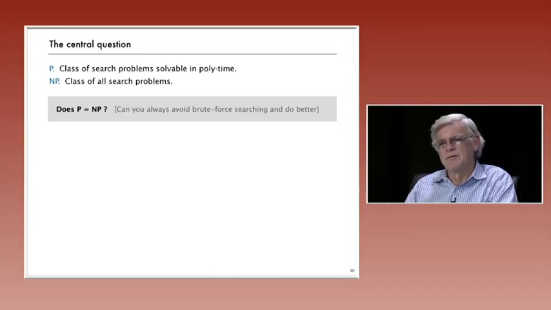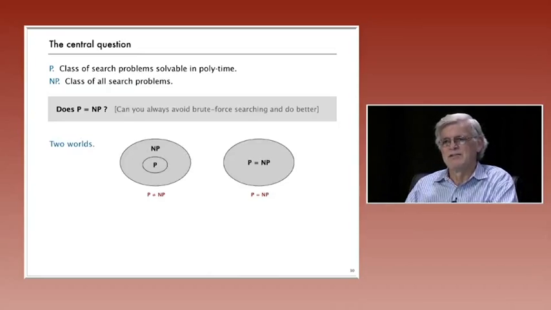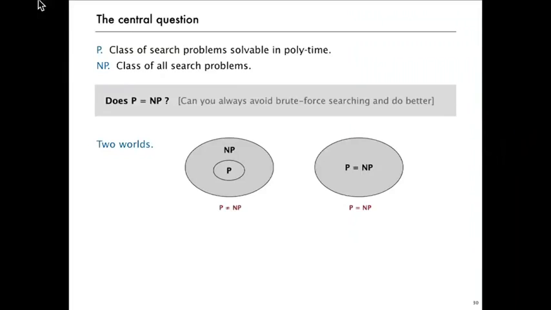That's really the essence of the P equals NP question. So there's two possibilities. P is a search problem, so it's certainly in NP. Any problem in P is also in NP. So the question is, are there some search problems that we can't solve in polynomial time?